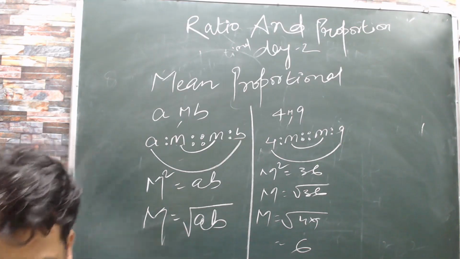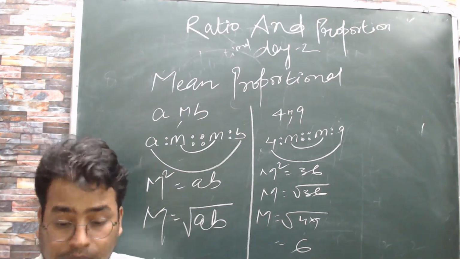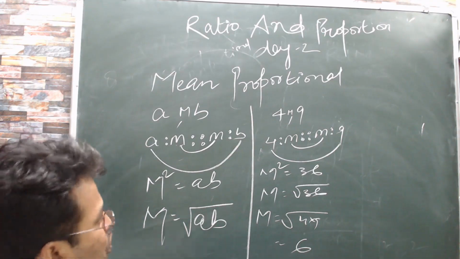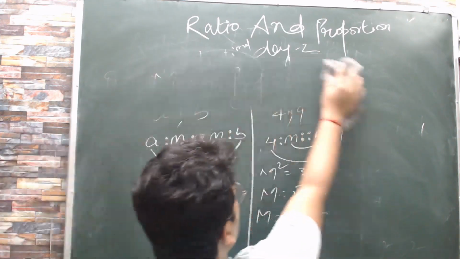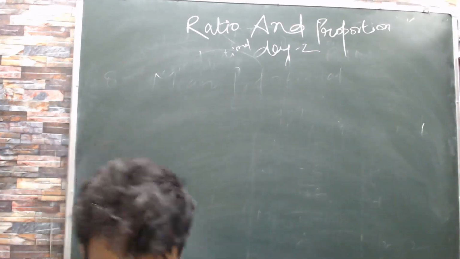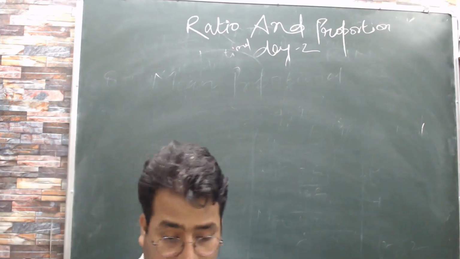Now, we will move to other proportionals, called the third proportional and the fourth proportional. How can you find the third proportional? Before finding the third proportional, we do another question on the mean proportional, which came in the SSC CPO examination.